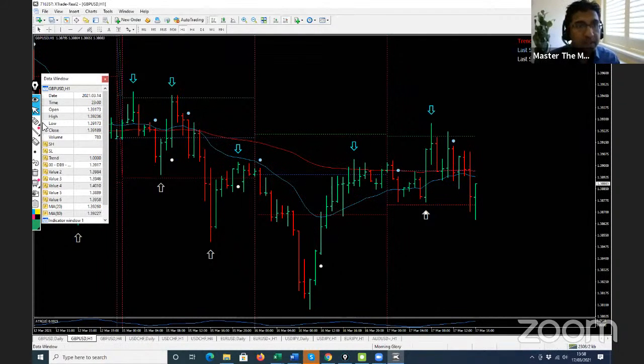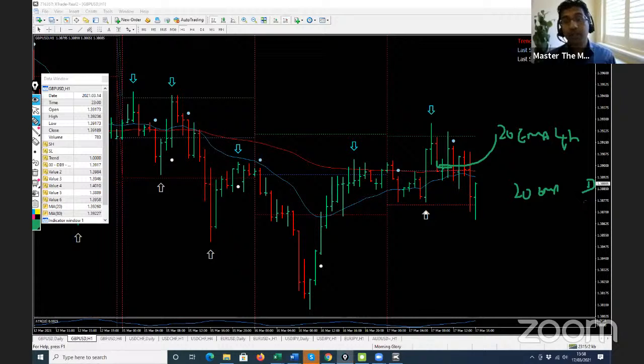So there you go. Over here, what does that mean? That red line just means that's the 20 EMA of the 4 hour chart. Now, if I want to put the 20 EMA of the daily chart, what do I have to do? Basically, 1 day is how many hours?